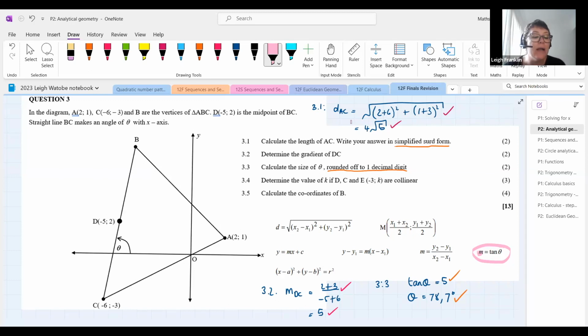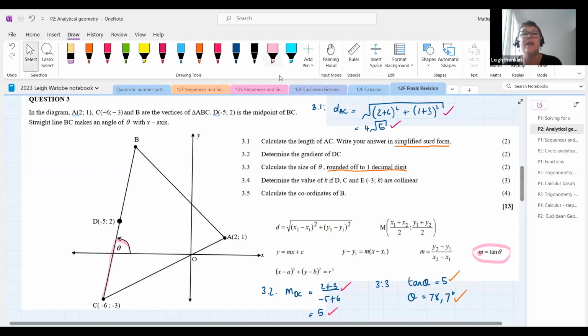So here is your line DC, and there is theta, your angle of inclination. When we want to calculate the size of an angle from the gradient, we have to press Shift Tan on our calculator. So you would go Shift Tan, and then you'd put in 5, and then it would give you the size of that angle theta, which is 78,7 in this case.